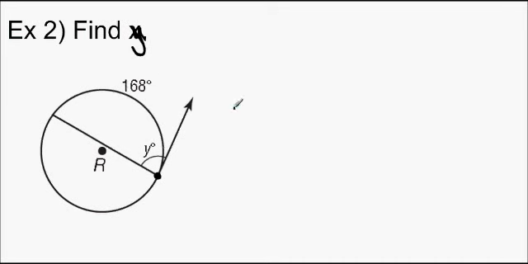In other words, y equals half of the intercepted arc, which is 168. Well, 168 times 1/2, or 168 divided by 2, is 84. So y is 84 degrees.